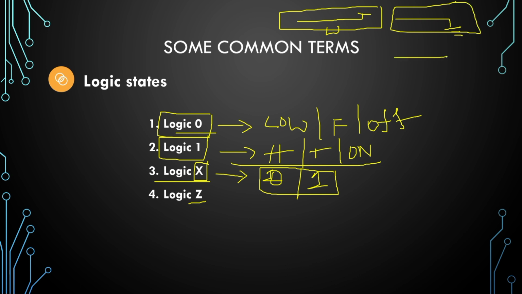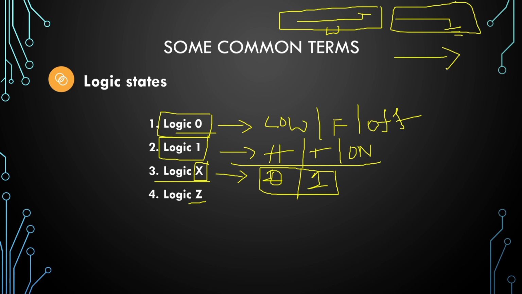Means this wire is floating. Floating means this is electrically disconnected. Means it is neither connected to a low value nor to a high value. That is what we call high impedance.